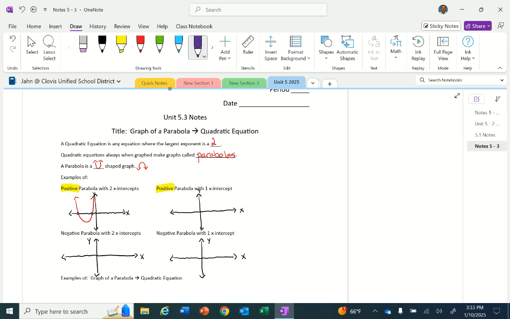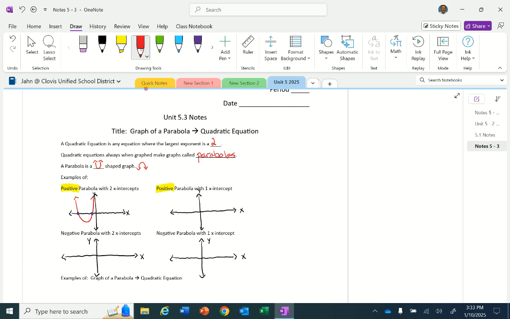Okay, now this parabola could be shifted to the right, it could be shifted to the left, it could be shifted down, basically as far as we wanted to, or it could be shifted up a little bit, but to have 2 x-intercepts, it's going to cross or touch the x-axis at 2 different distinct points.